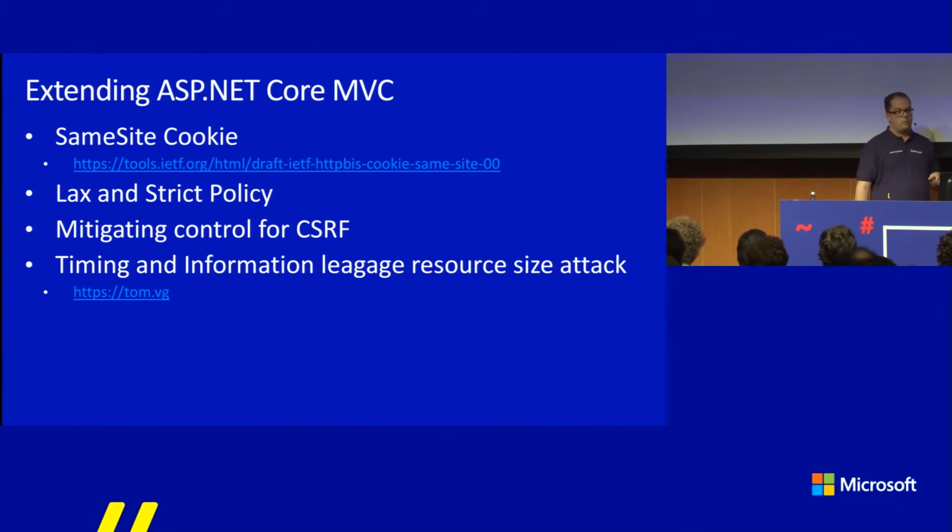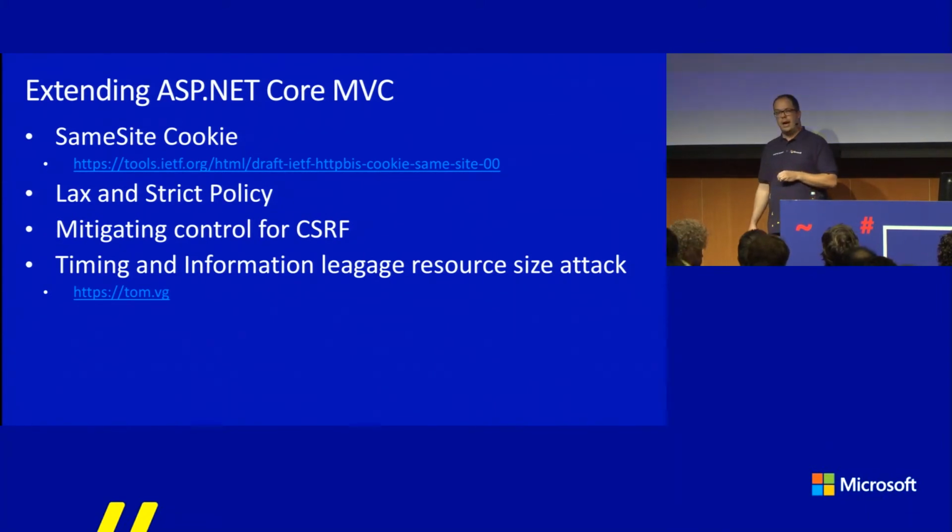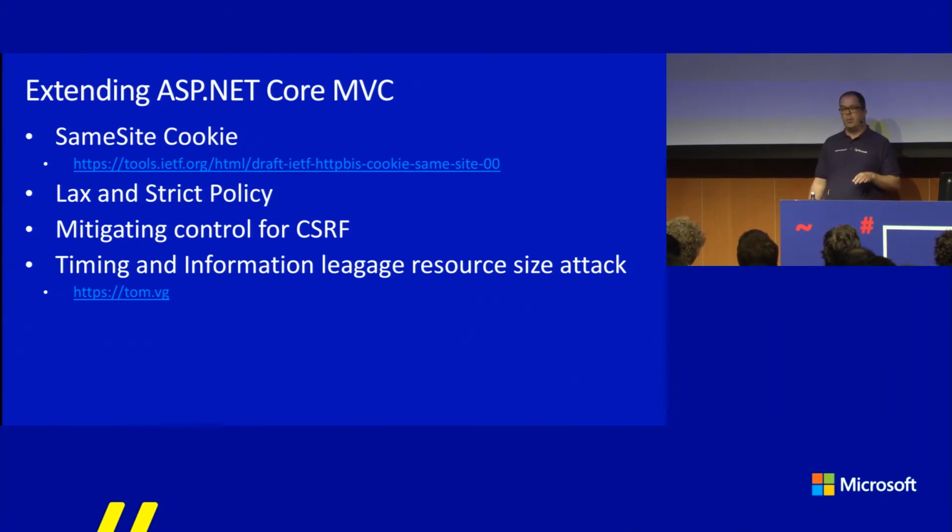Another side channel, that's the second thing I'm going to talk about. Another cool thing is that last year there was a researcher from KU Leuven called Tom Van Goethem, and he did some research on resource leakage and how it can be used as a side channel. Imagine that you're on Facebook and you're downloading your profile picture, which is a bigger size, right?